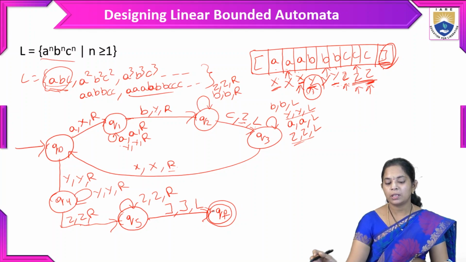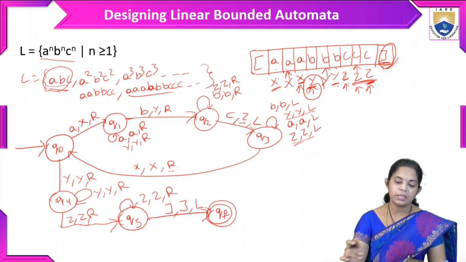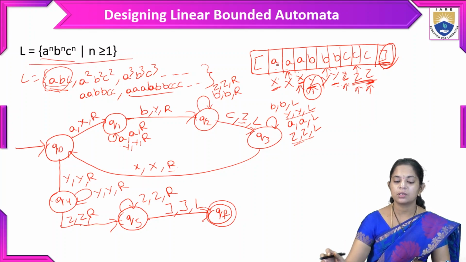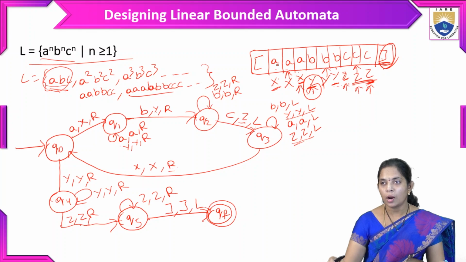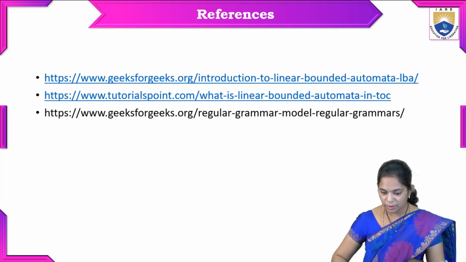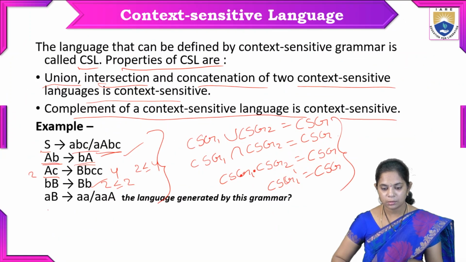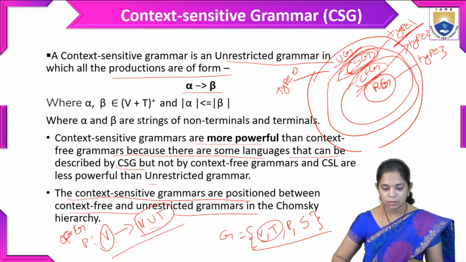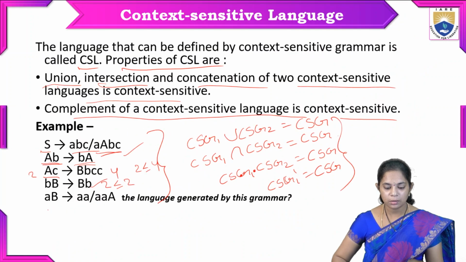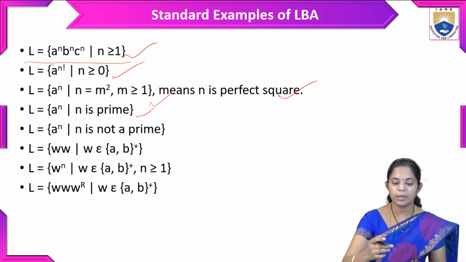So this is about the construction of linear bound automata. For this kind of languages, we can construct the linear bound automata. So these are the main examples.